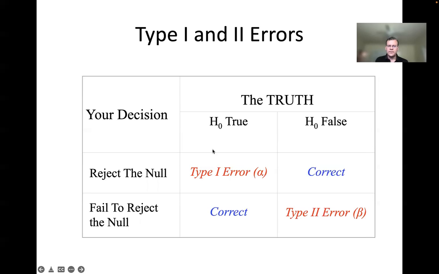If the null hypothesis is true, but we reject the null hypothesis, we're committing a type 1 error, or a false positive. If, by contrast, the null hypothesis is actually false, and we fail to reject the null hypothesis, then we're committing a type 2 error, or a beta error. In this case, it's a false negative. Of course, if the null hypothesis is false and we reject it, or if the null hypothesis is true and we fail to reject the null hypothesis, then we're in a good state of affairs.